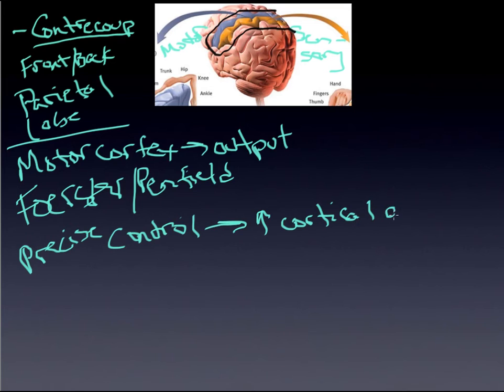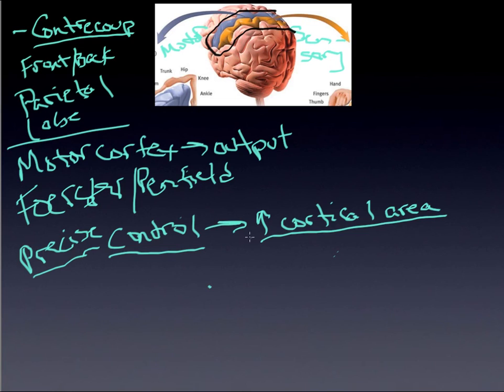And to some degree it makes sense. When more and more brain power is needed to be precise, to be very specific in our movements, then presumably we need more area of the brain to be devoted to manage this precision that's required. Very steady hands, for example, are part of this cortical area.